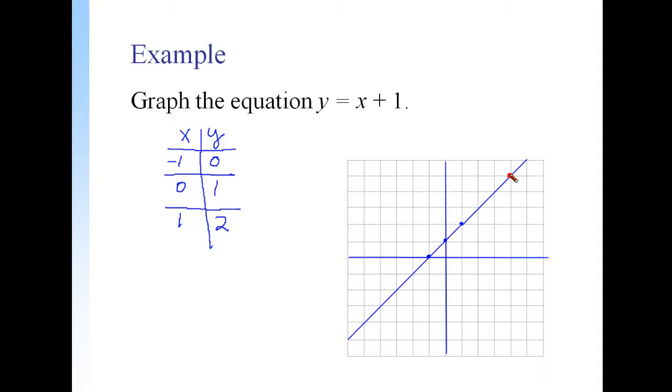What is this point? Well, this is going to be 1, 2, 3, 4. And this is going to be 1, 2, 3, 4, 5. Now, would 4, 5 work here? That y would be a 5. X is a 4 plus 1.